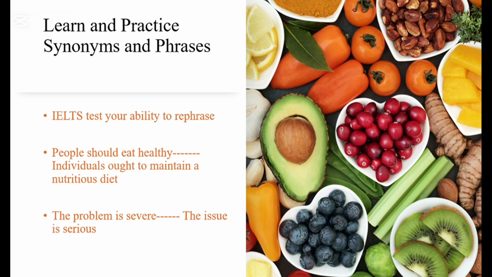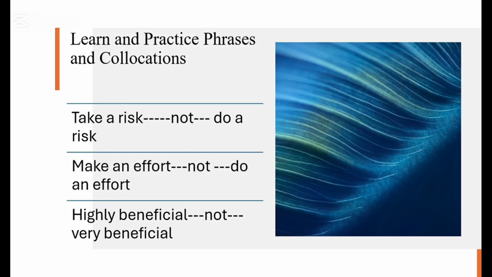So when you are writing your task one or task two, don't use the same words from the scenario or the question, because if you continue using those words, you will not get a higher band score. And then finally, we need to learn and practice phrases and collocations.